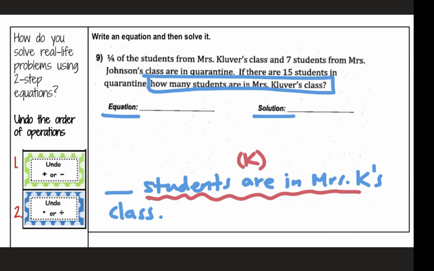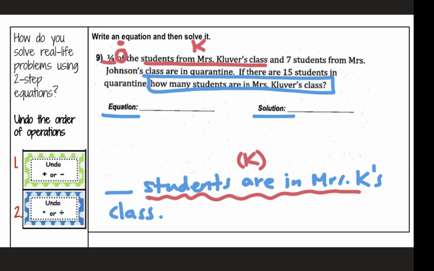A quarter of the students from Mrs. Kluver's class. Hey, that's what I squiggly lined down here. That represents a number and we don't know what that number is. We're going to let K represent that. When we're taking a number of another number, of means what? Multiply. So that's our multiplication word there.